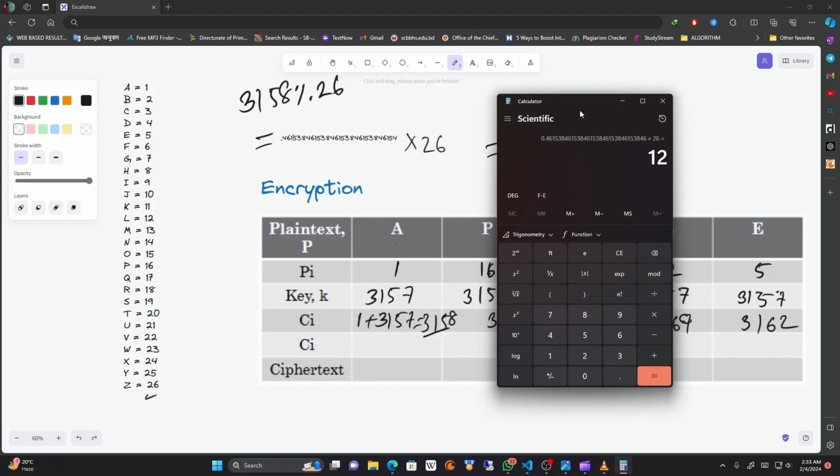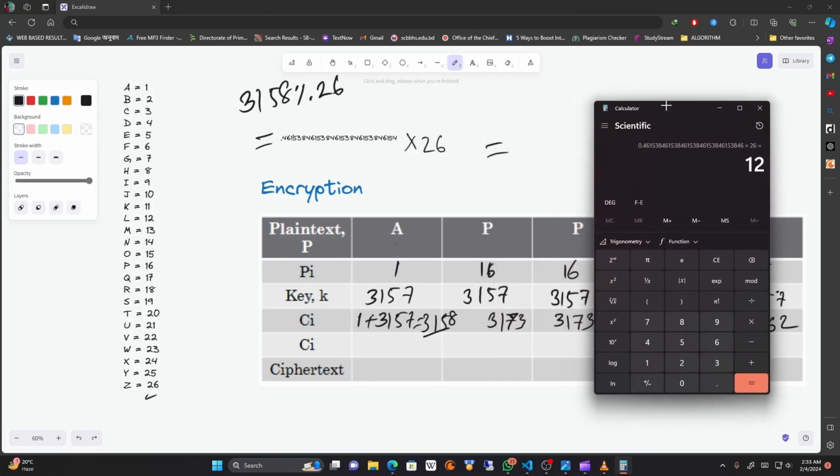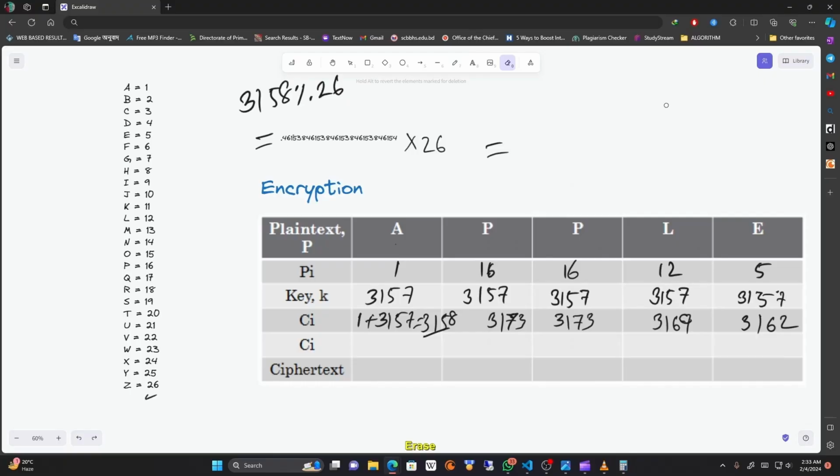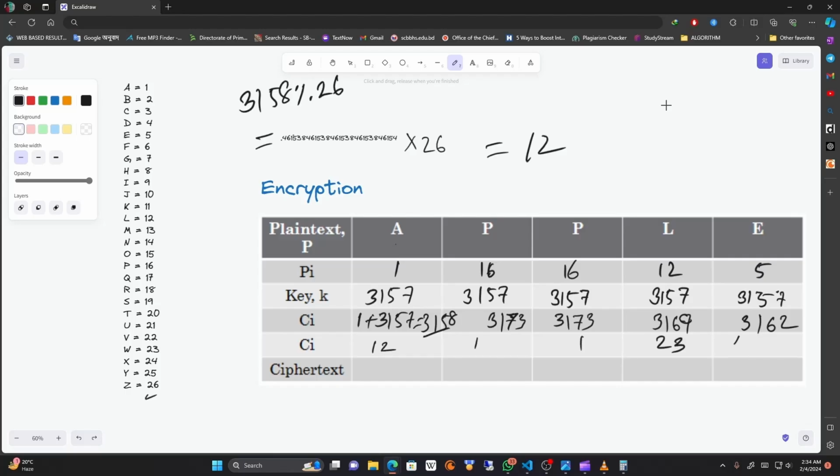Okay, we get 12, so we need to write here 12. Similarly, we will find all the other values which are 1, 1, 23, 16.